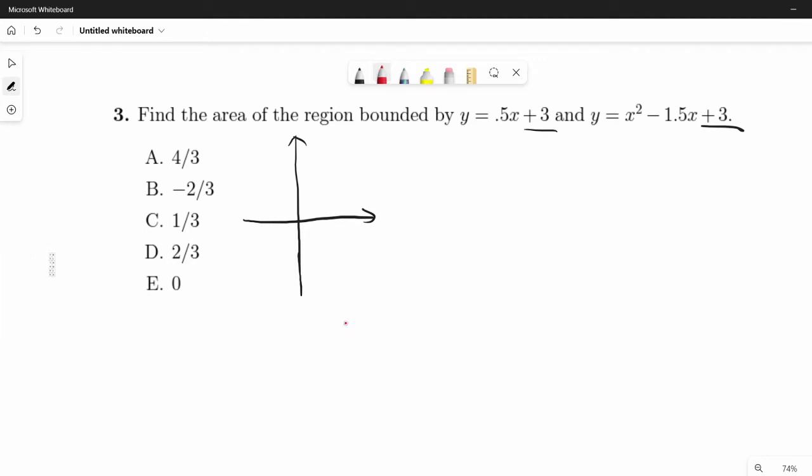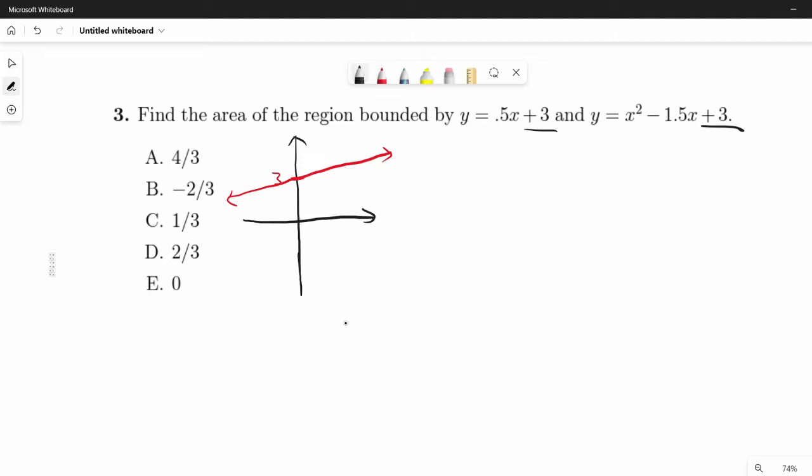So here, let's say 1, 2, 3, here-ish, we have a line with slope of 0.5. And then we have a parabola.